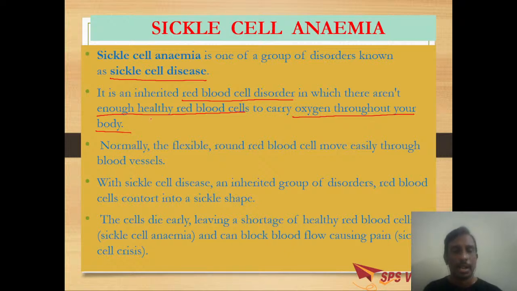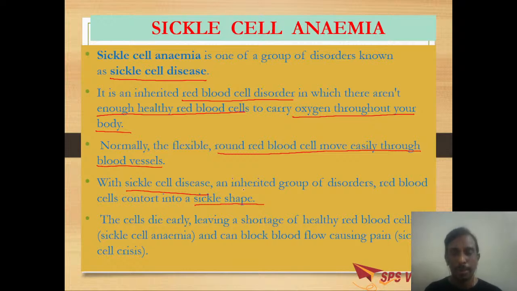Normally red blood cells are round, which can move easily through blood vessels. But with sickle cell anemia, the red blood cells cannot move easily. Due to the change in shape, they cannot move easily through the blood vessels, so they get clogged in the blood vessels.